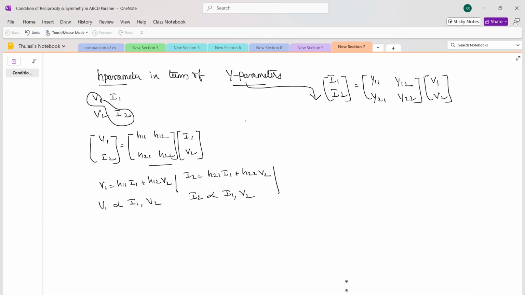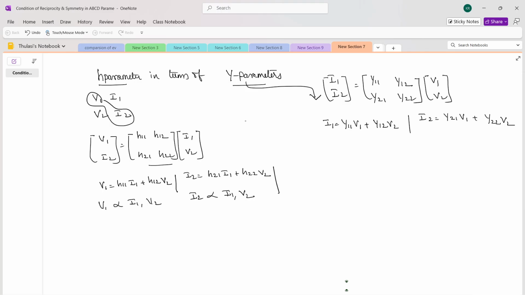So when you see this equation, I1 is equal to Y11 V1 plus Y12 V2 is the first equation, and the second equation is I2 is equal to Y21 V1 plus Y22 V2.